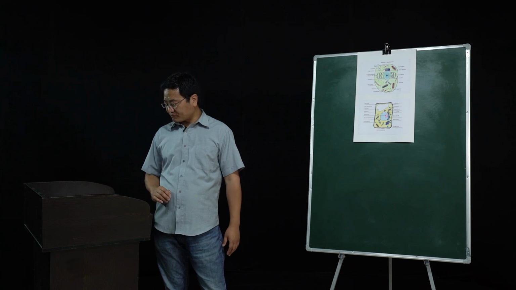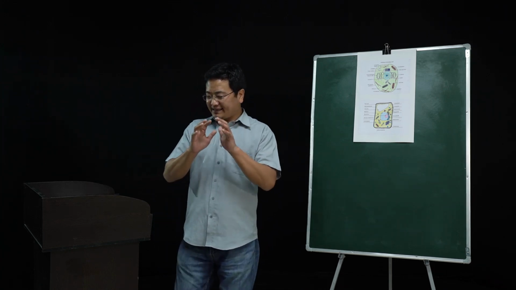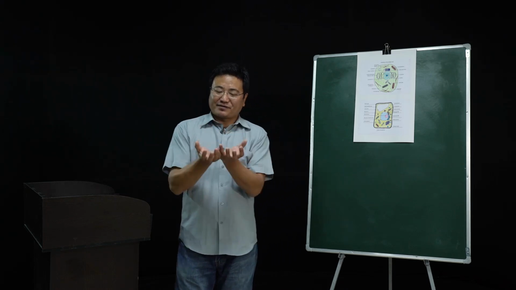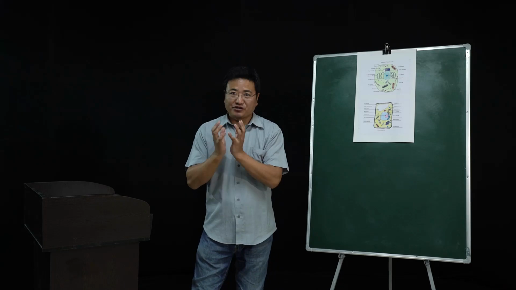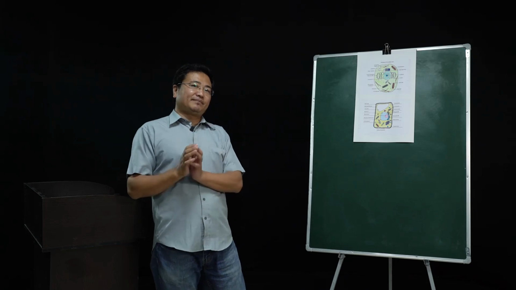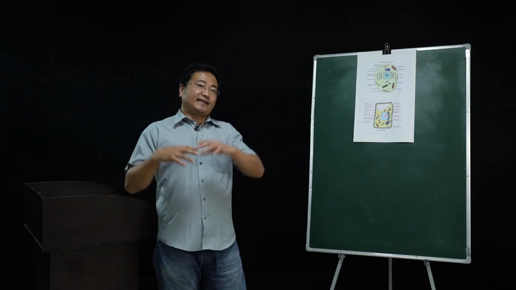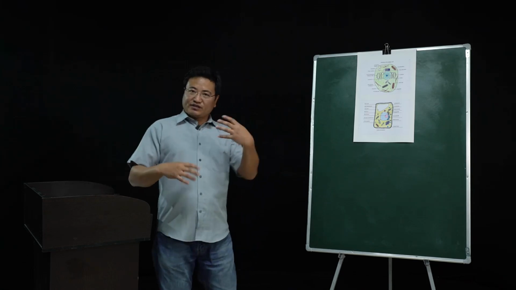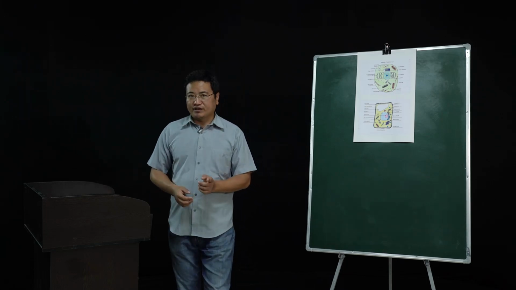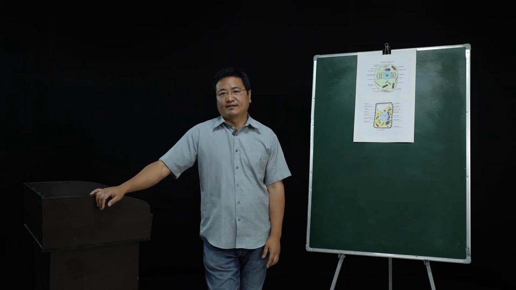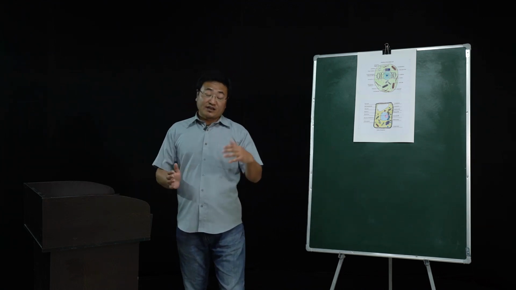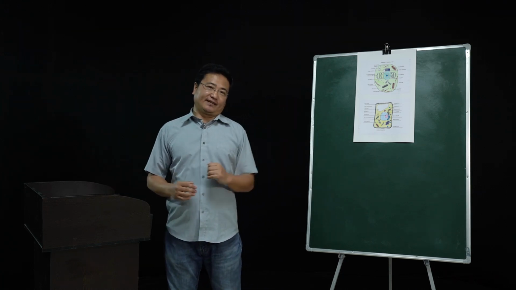Now, I said that the nucleus is covered by a membrane called the nuclear membrane. But in some cells, that nuclear membrane is absent. These cells that do not have the nuclear membrane are called prokaryotic cells. Prokaryotic means primitive, ancient.